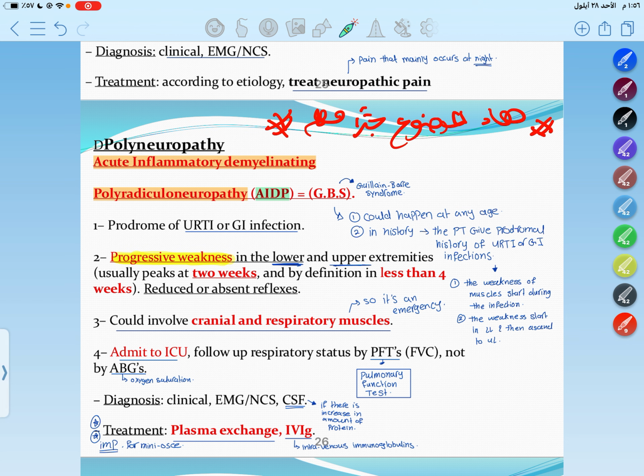You don't wait until hypoxia happens. When hypoxia happens, it is too late.